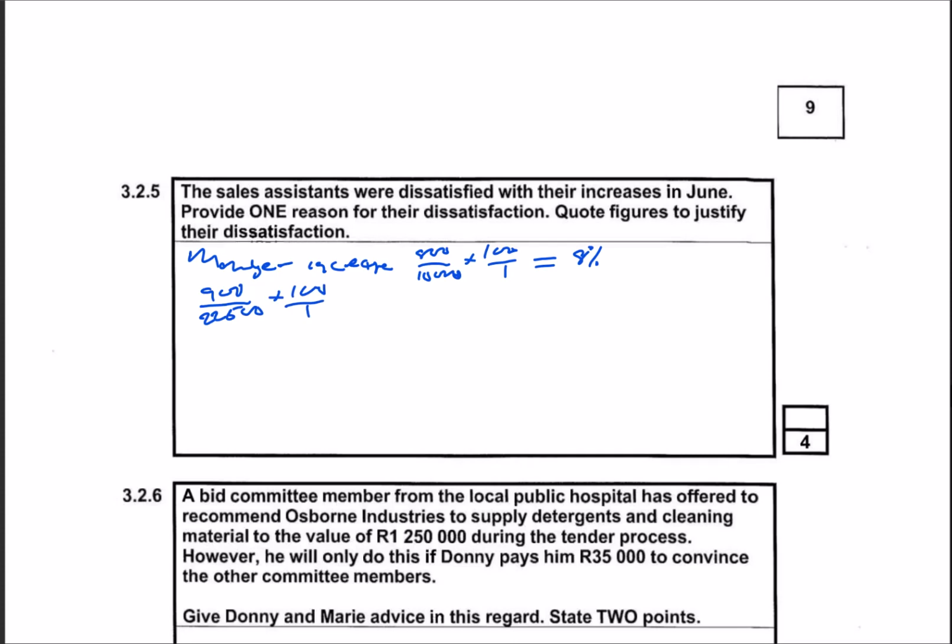That's 900 divided by 22,500 times 100. This will give you 4%.